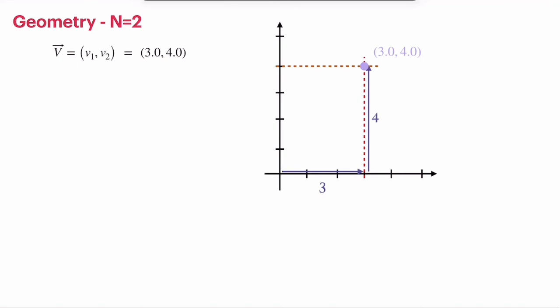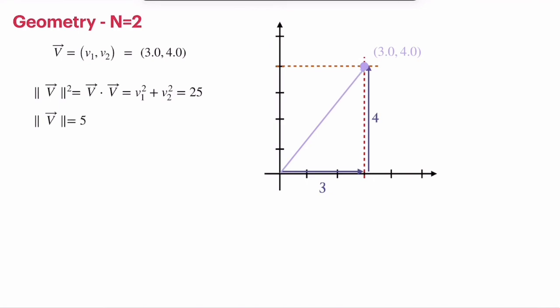So geometrically, let's go back to our example of a vector with components 3 and 4. We can calculate the norm: the square of the norm, v dot v, is 3 squared plus 4 squared, that is 9 plus 16, which is equal to 25. The norm of V is therefore 5.